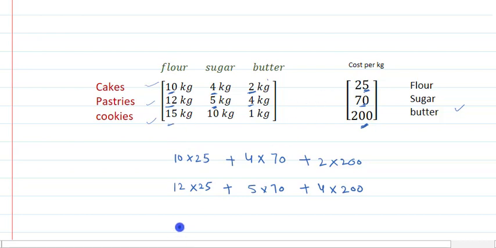Similarly 15 multiplied by 25 plus 10 multiplied by 70 plus 1 multiplied by 200.